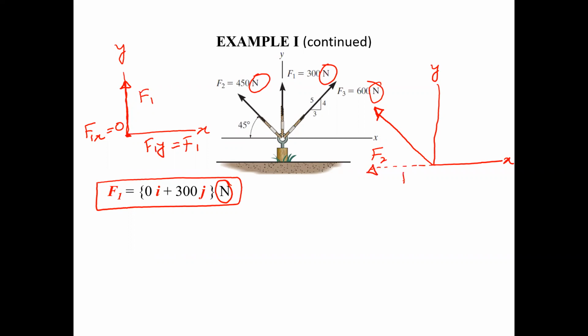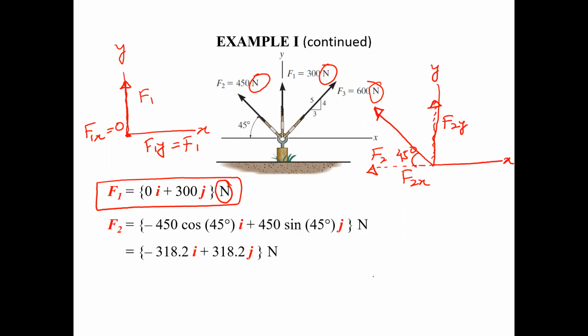Let's say this is your F2X and this is your F2Y. All right, and this is 45 degrees. So F2X, we know that F2X is F2 times cosine of 45 and F2Y is F2 times sine of 45.